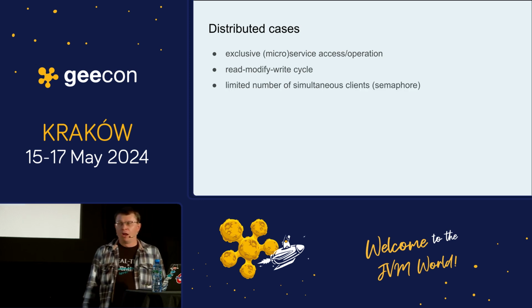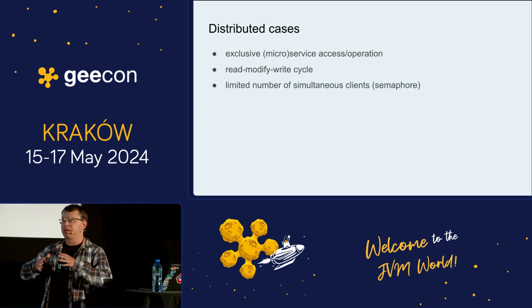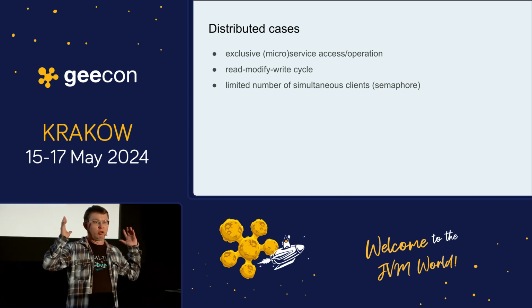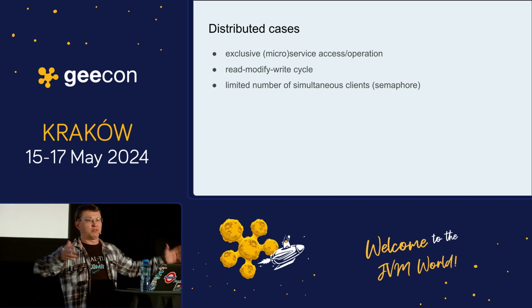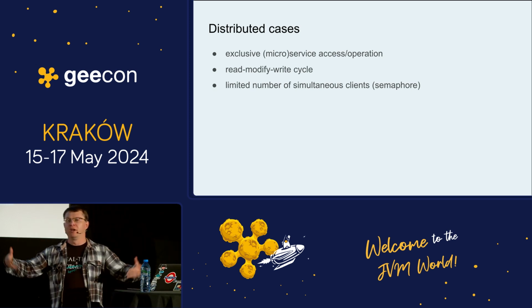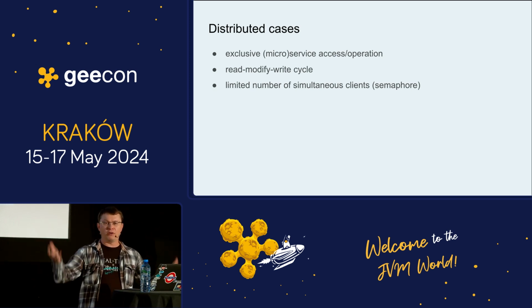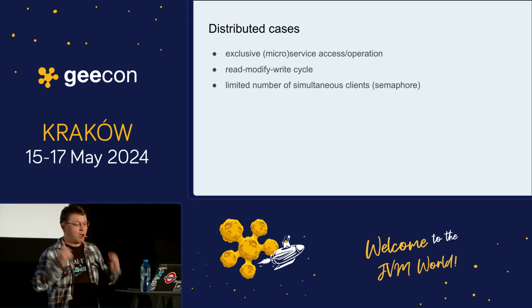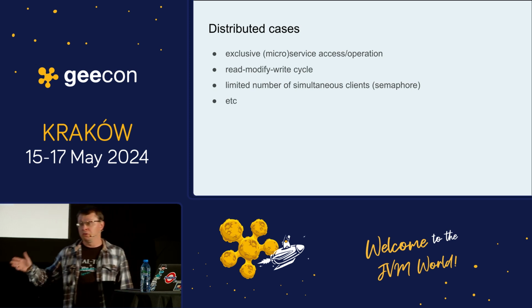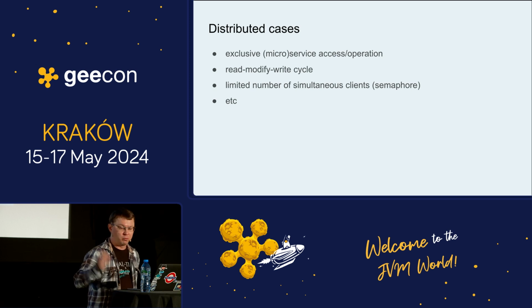The same if you would like to limit the number of simultaneous users, connections, and so on, coming to different instances of microservices, you could also utilize something like a distributed semaphore. Or other cases that you could imagine or that could be useful.